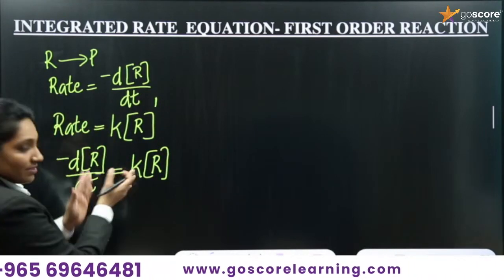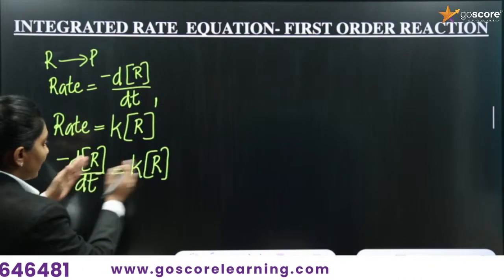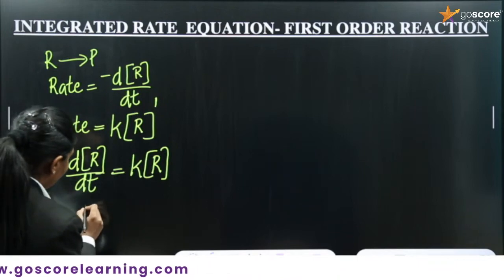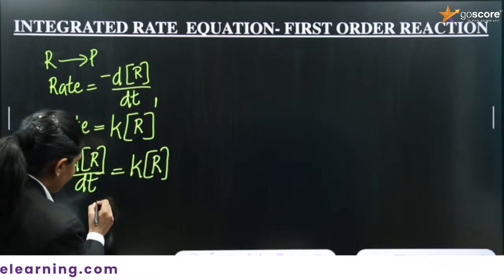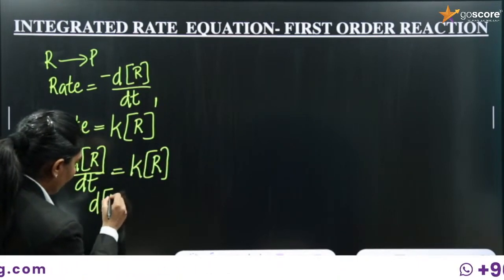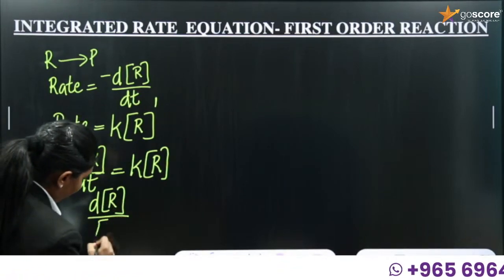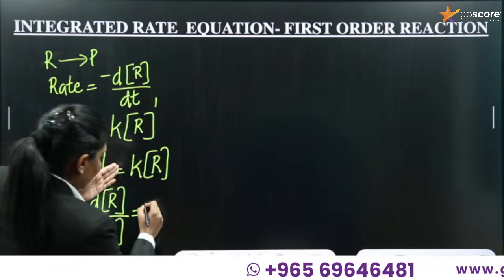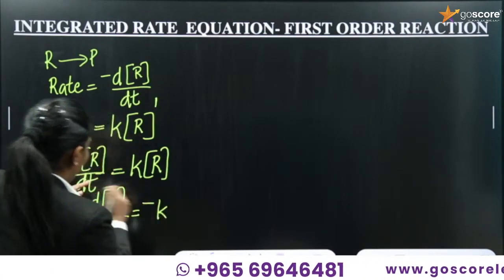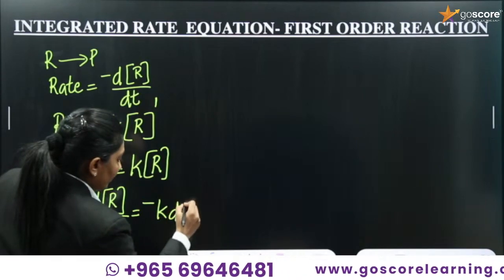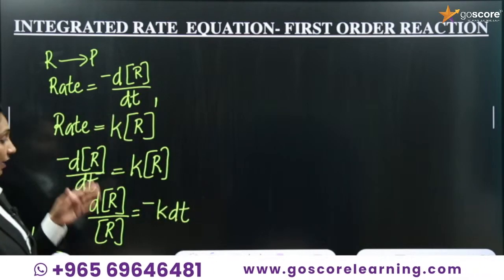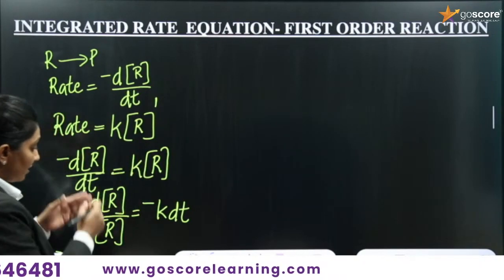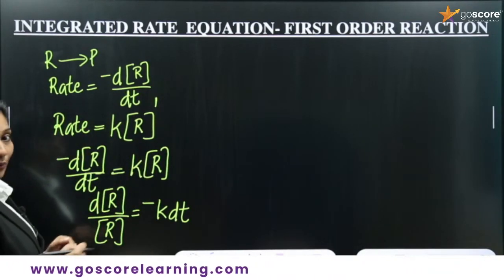I'm just rearranging this equation. I'm taking R on this side and dt on the right side, and minus also on the right side. It will be dR by R is equal to minus k dt.